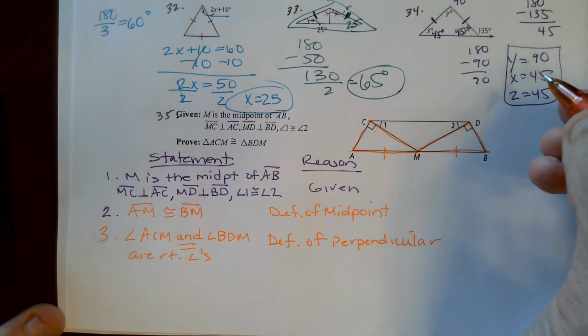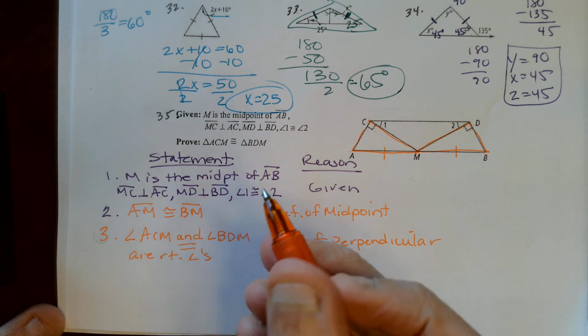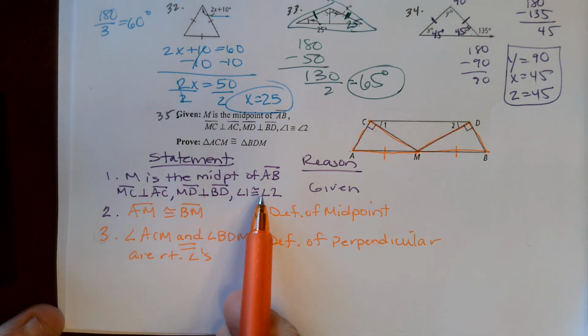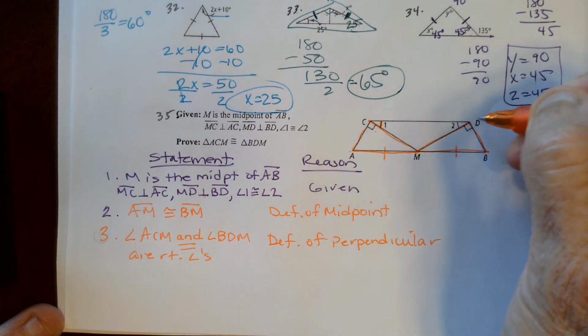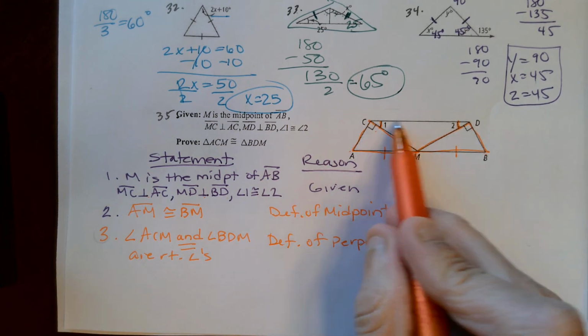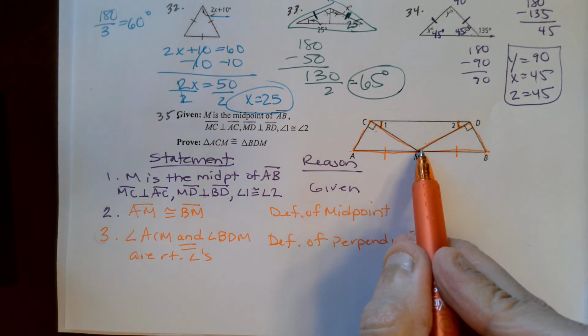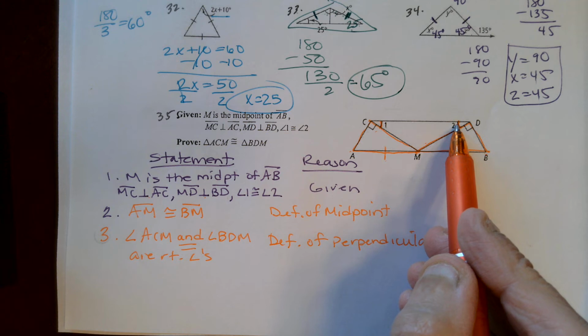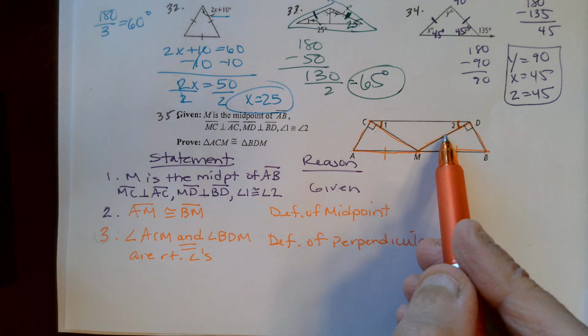So what other information? Oh, I didn't mark this yet. We've used midpoint, we've used the perpendicular, but I didn't mark that yet. So we have angles 1 and 2 that are the same. That tells us something about this triangle, doesn't it? It's isosceles. And there is a theorem that tells you if the angles are congruent, then the sides are. Which one is that?